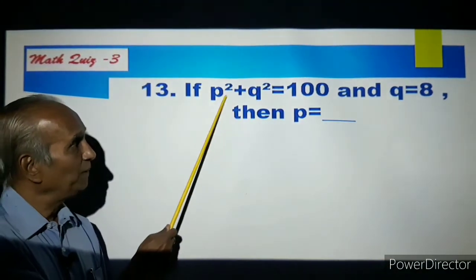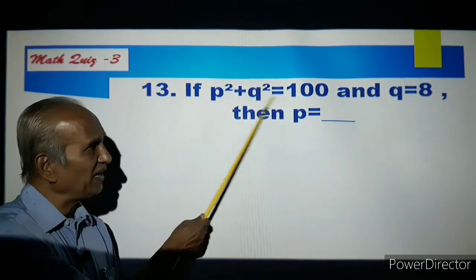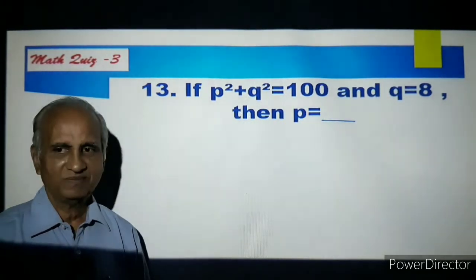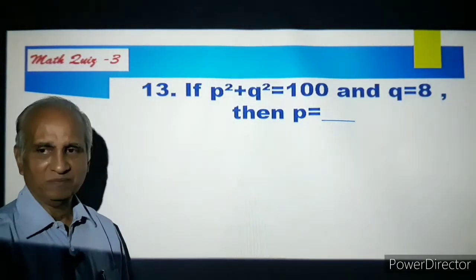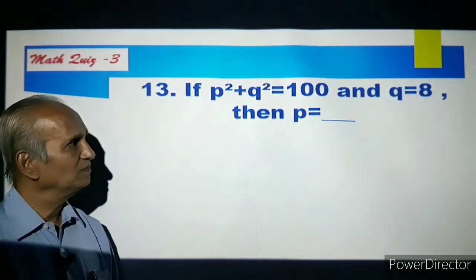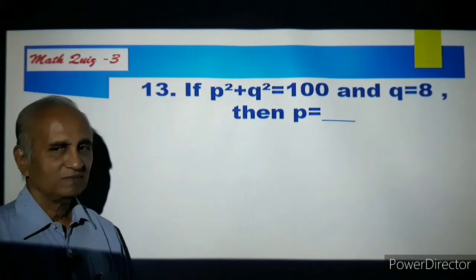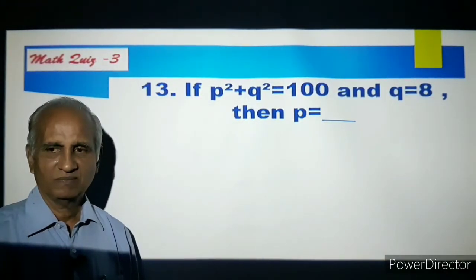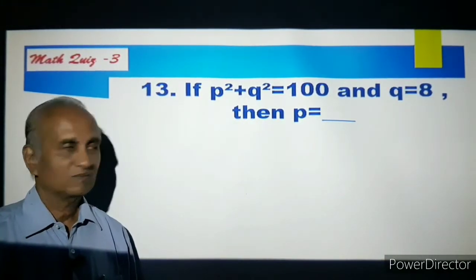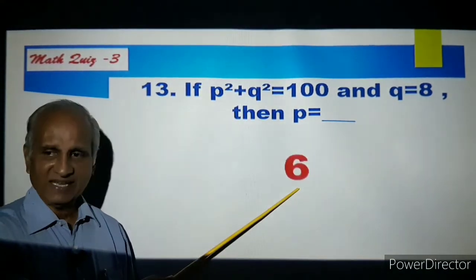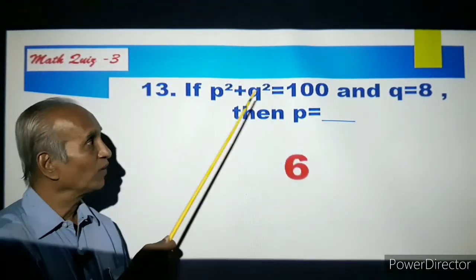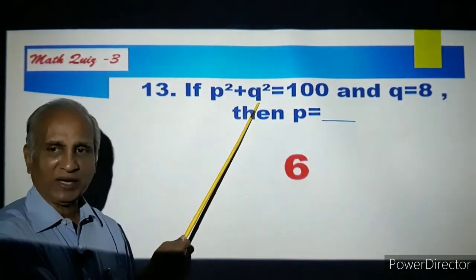Thirteenth question. P squared plus Q squared is 100. Q is 8. How much is P? Look here, the answer is 6. How do we get it? P squared plus Q squared.